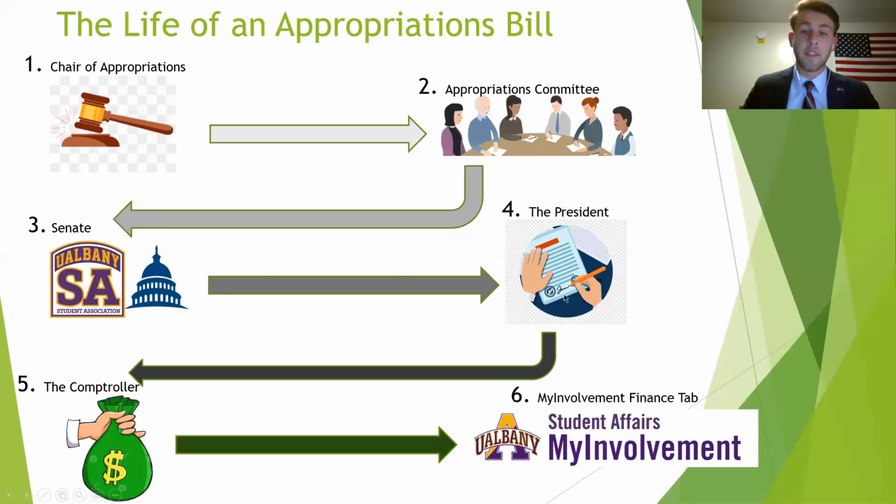Now, if the president signs the bill, or if the president vetoes, but then it's overridden, it goes on down to the comptroller's office, the office of the SA comptroller, and now the comptroller will authorize your funding through your finance tab. So once he receives the bill, it will go on down, and your finance tab will now reflect the new funding that we have allocated to you through the My Involvement Finance tab. Student Affairs, My Involvement. All right, awesome.